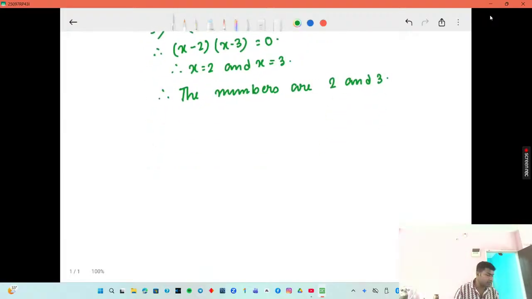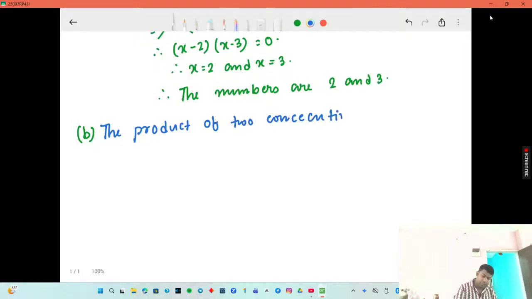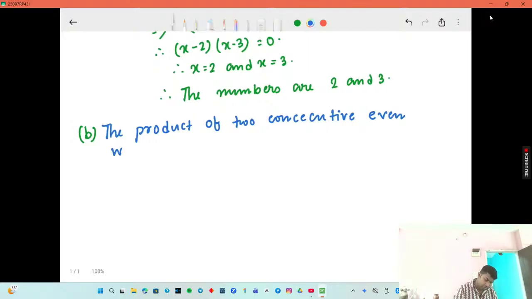Now in the next question, the question is given as: the product of two consecutive even whole numbers is 24.